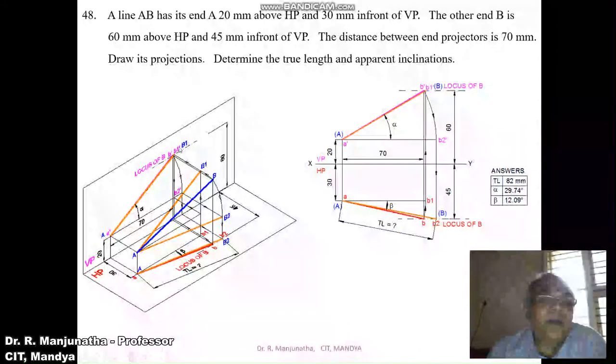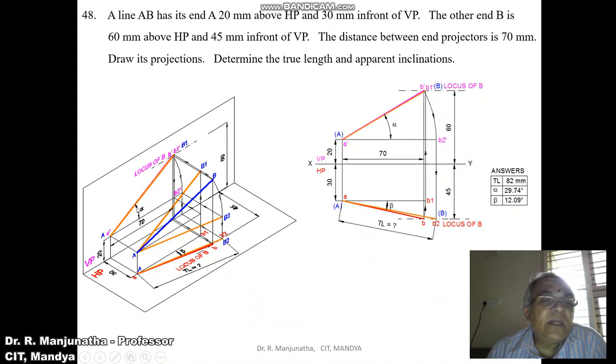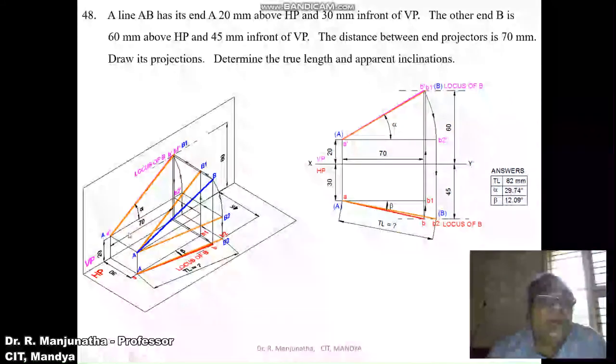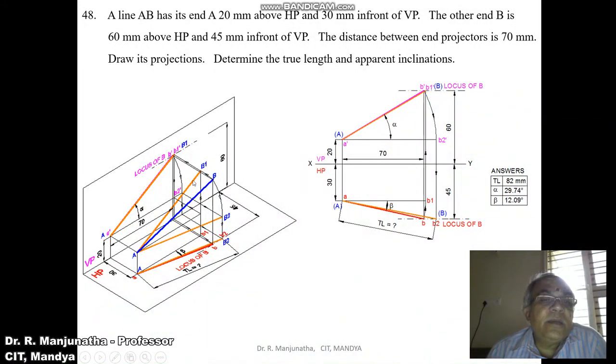Then you mark this point as B1 dash, then join A dash B1 dash with a line, which is the true length line. Why? Because AB1 is parallel to VP. A is in front of VP by 30 mm, B1 is also in front of VP by 30 mm.